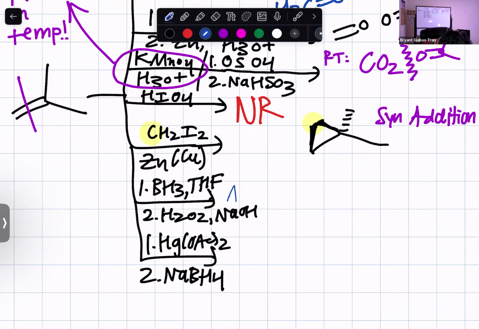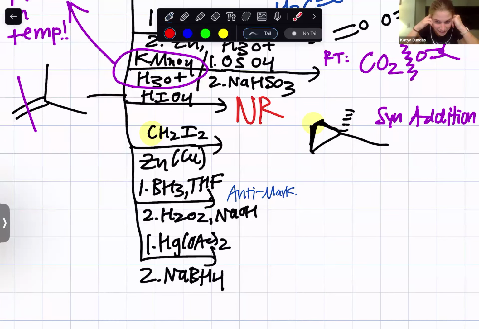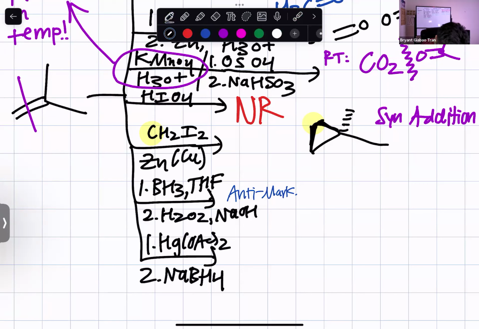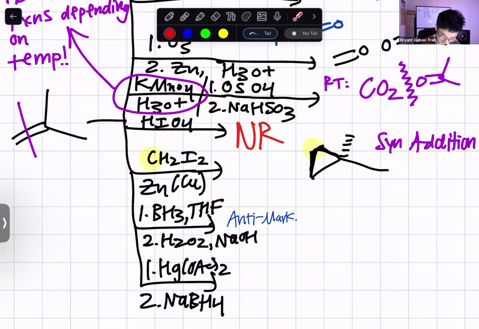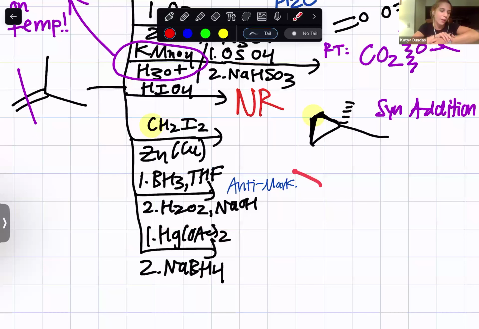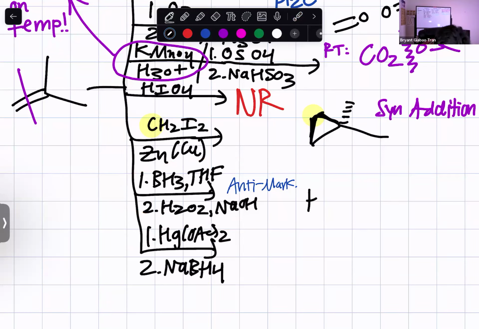Yes. The peroxide makes it anti-Markovnikov. Right. And then does it make a single bond to what kind of functional group? An alcohol. Right. Yes. I remember because it's the mercury and the other one, which is that one, do the alcohol. It's just adding an alcohol, whether you're doing the more substituted or the less substituted. Right. And so then anti-Markovnikov would be the first carbon. Yeah, like that. Yes. Nice.